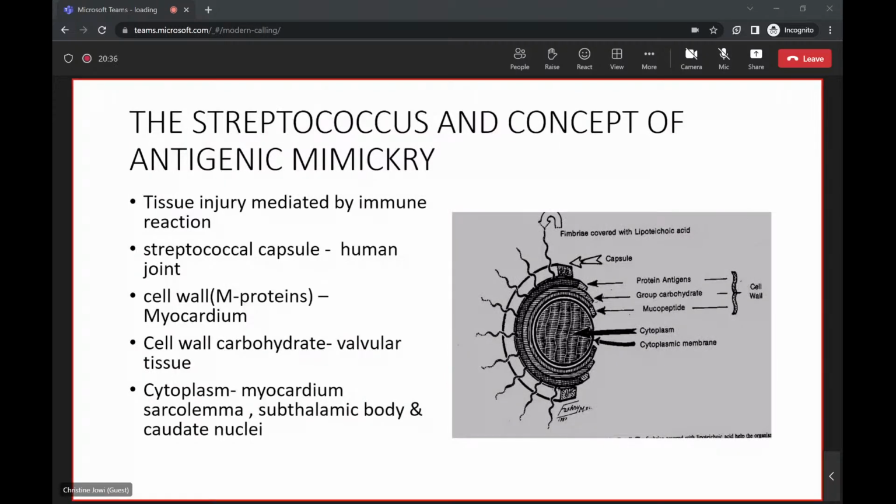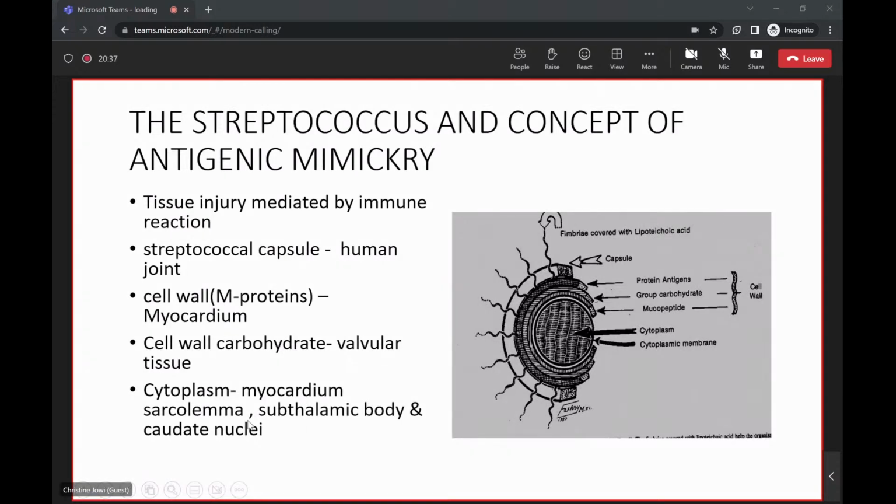It has a protein component, a carbohydrate moiety, which resemble the components in the human tissues.